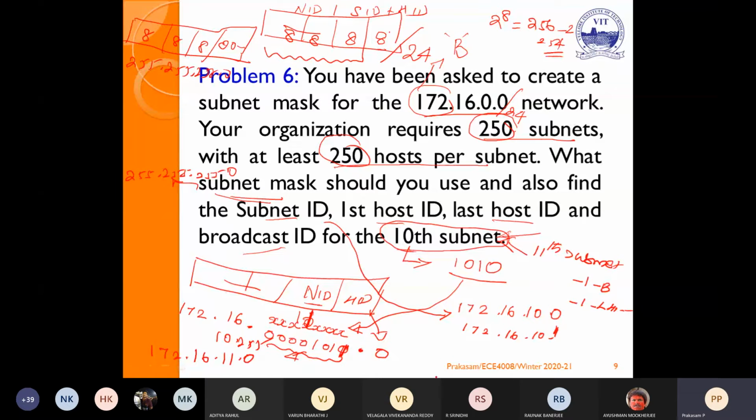So 172.16.10.255 is the broadcast, minus 1, 254, is the last host ID. 172.16.10.0 is the subnet ID. First host ID plus 1. Broadcast ID, compute the subnet ID for the next subnet, that is the 11th subnet, minus 1, that is the broadcast ID. Again minus 1, that is the last host ID.